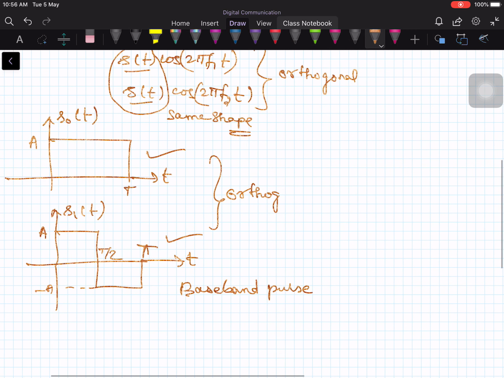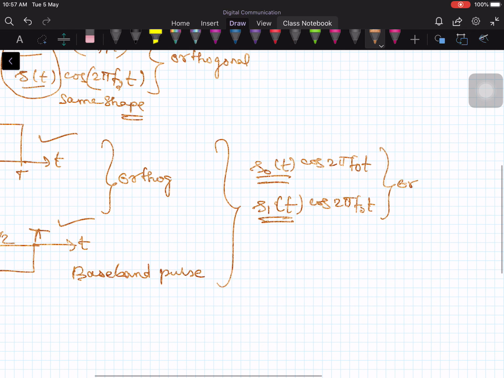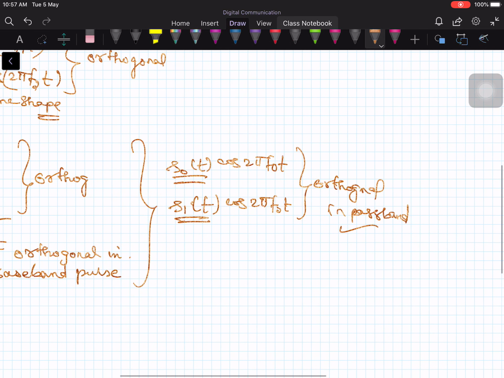If I want the equivalent passband, then let me multiply S0 of t and S1 of t by the same cosine of 2 pi f naught t, but the pulses are different. These two are orthogonal again. This is orthogonal in baseband, and this is orthogonal in passband.